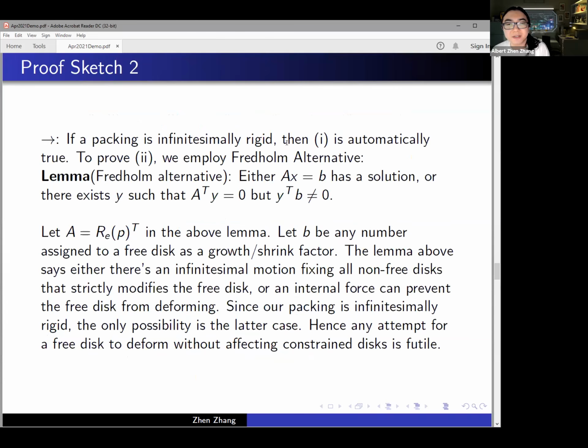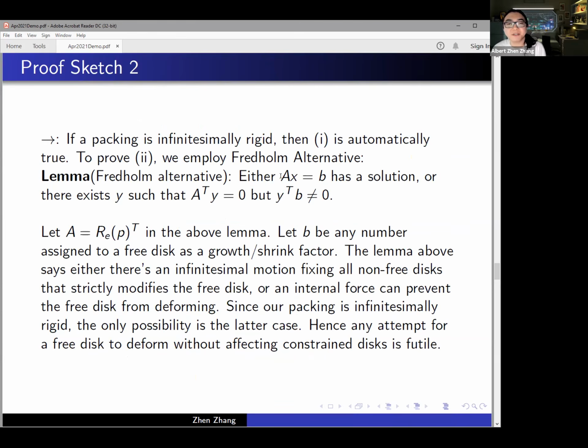The other direction is slightly trickier. Condition 1 is automatically true, because if we treat all the growing disks and the shrinking disks as fixed, that only makes it more rigid. So 1 is automatically true. To prove 2, the existence of a stress with correct sign, we employ the Fredholm alternative.